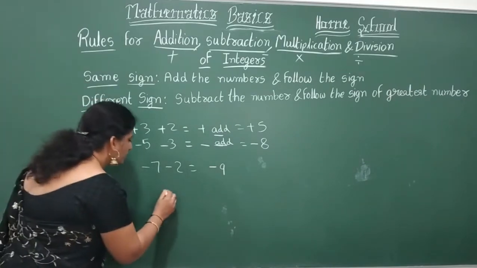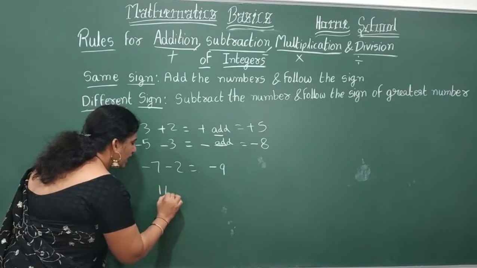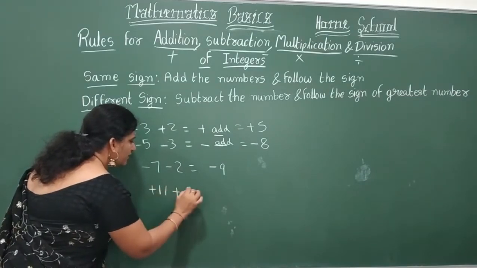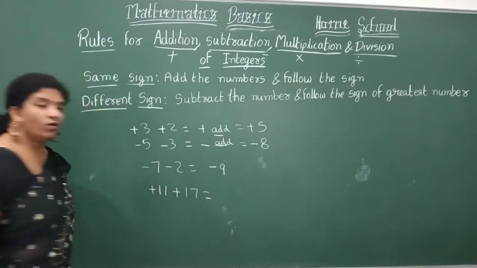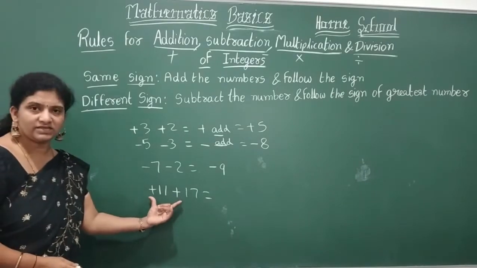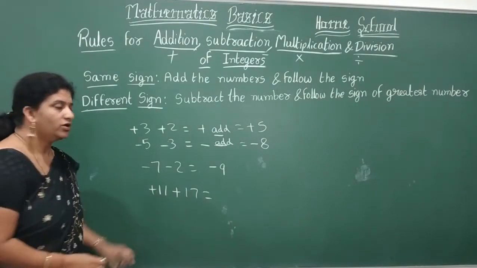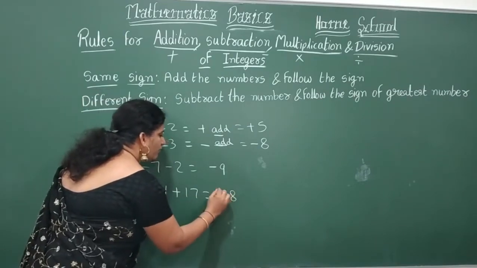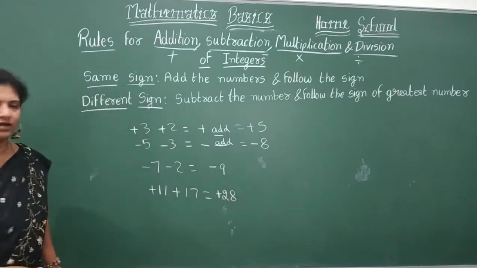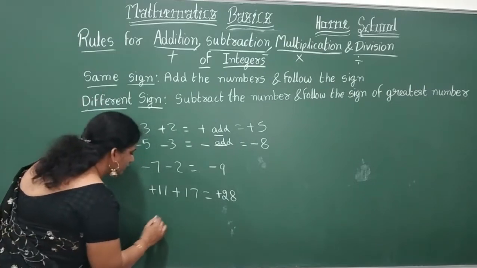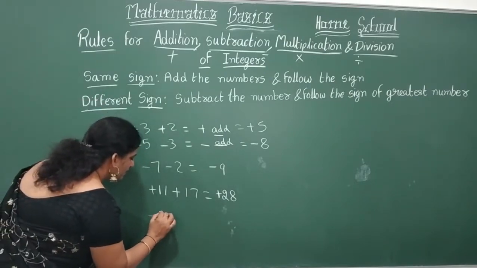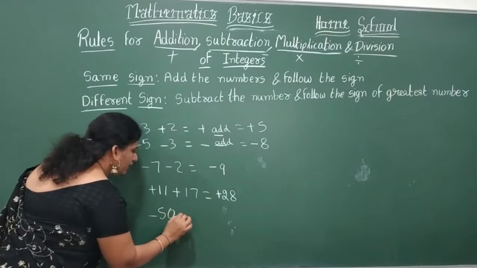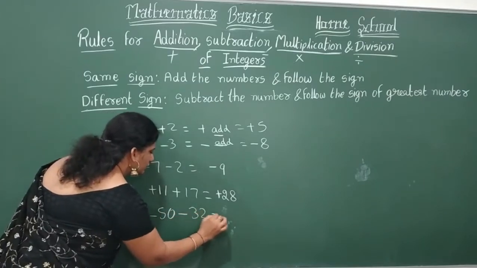In the same manner, suppose you have plus 11 plus 17. What are you going to do? Having both the same sign, that is positive, add these two numbers, 28, followed with the positive sign. Two more examples here. Minus 50 minus 32.